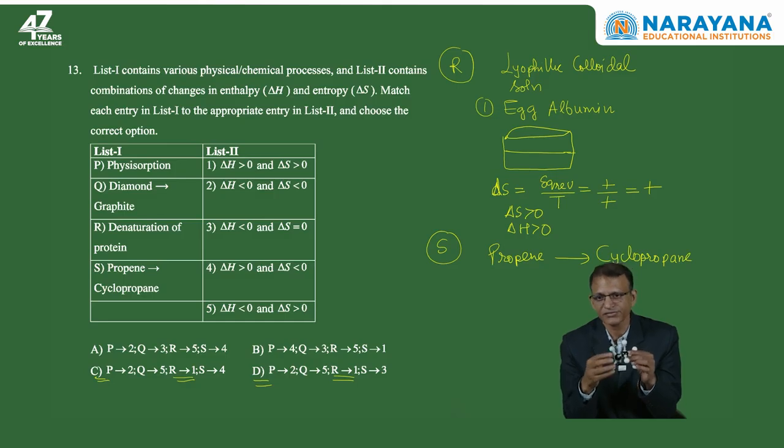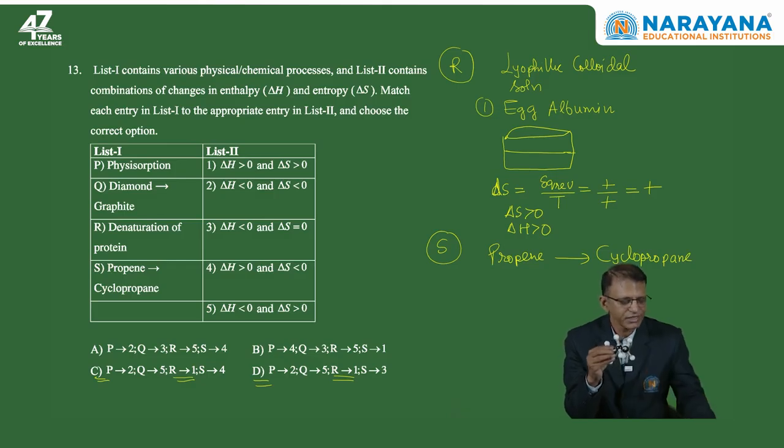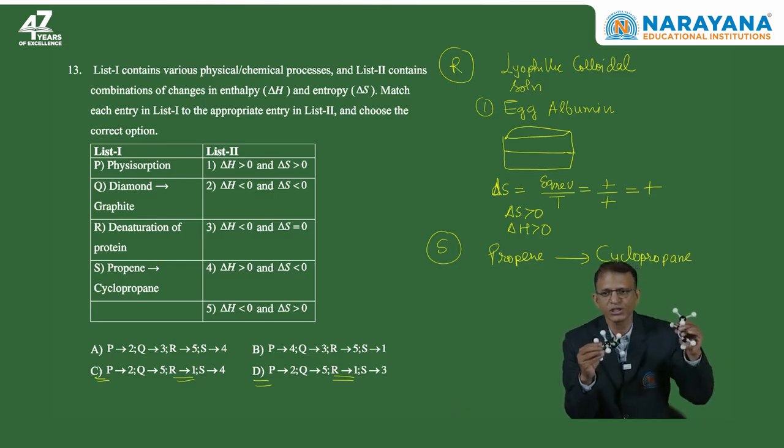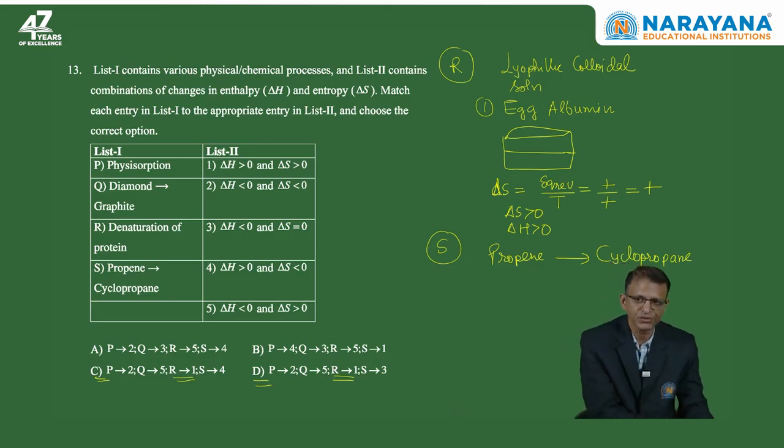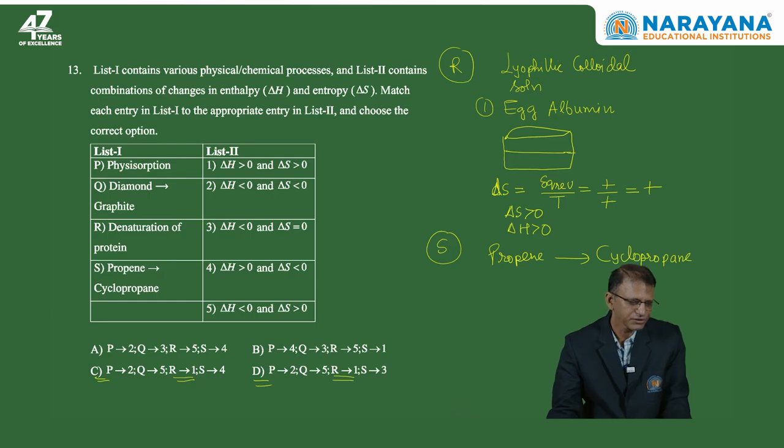In terms of thermodynamics, when this stable propene molecule is converted into this unstable molecule, this molecule has more energy, meaning energy is absorbed. So conversion of propene to cyclopropane is an endothermic process.